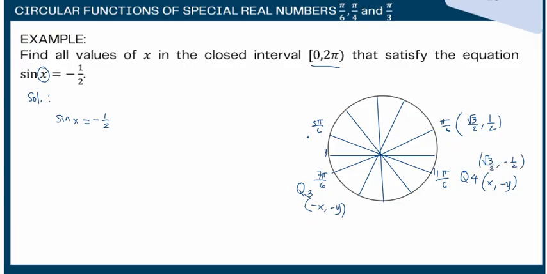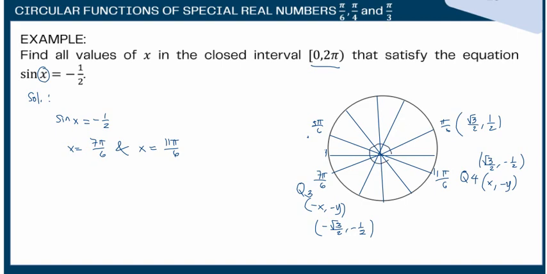And this one would be negative square root of 3 over 2 and negative 1/2. So, our solution would be x is equal to 7 pi over 6 and x is equal to 11 pi over 6.